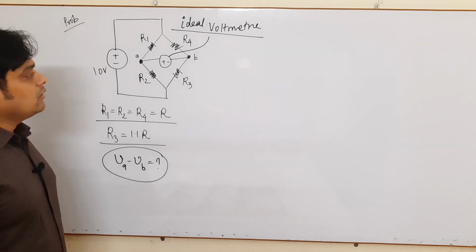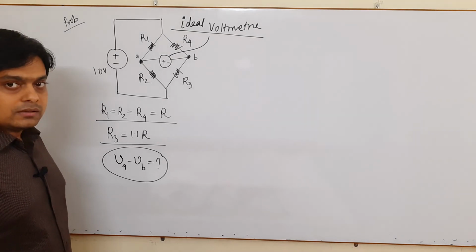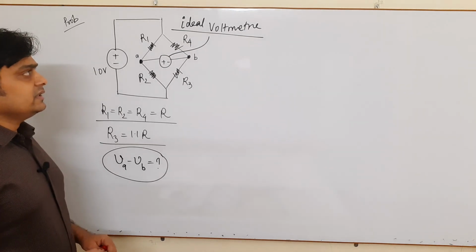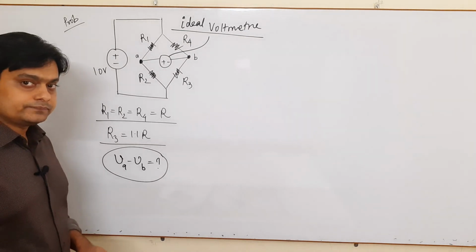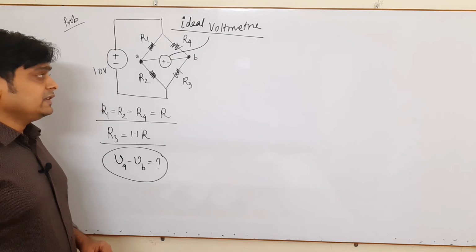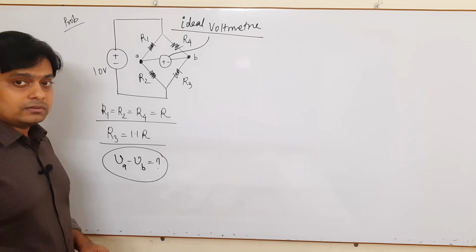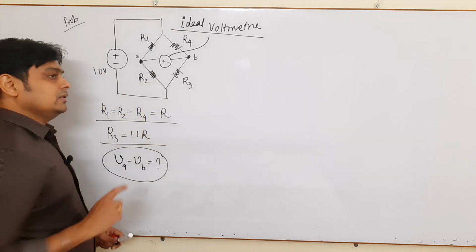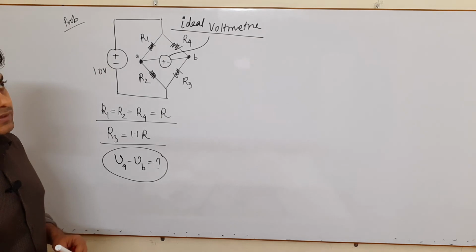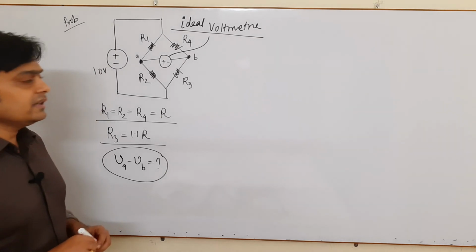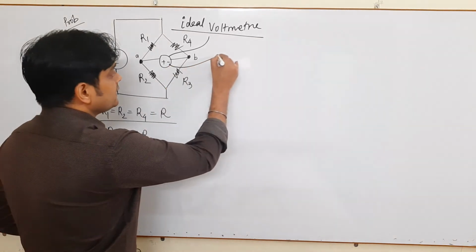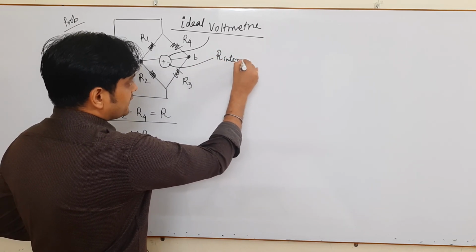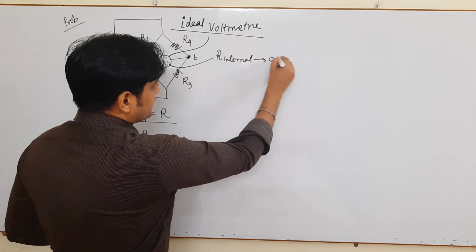Okay, so now how will you find the value of VA minus VB? Now see, a very important thing is the condition that it is an ideal voltmeter. As per the concept we have seen, the internal resistance of an ideal voltmeter is what?